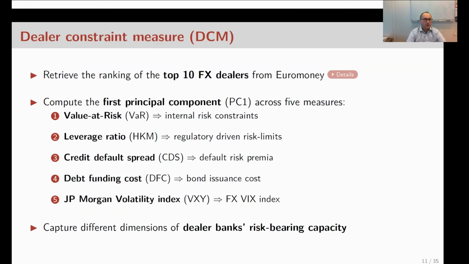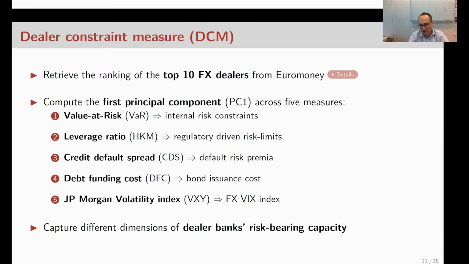Now, how about dealer constraints? When it comes to dealer constraints, what we do is we look at various measures that we can obtain for individual financial institutions. In particular, we're looking at a very widely available industry survey of FX dealers and their trading volumes from Euromoney, and look at how the market shares of these FX dealers change over time.